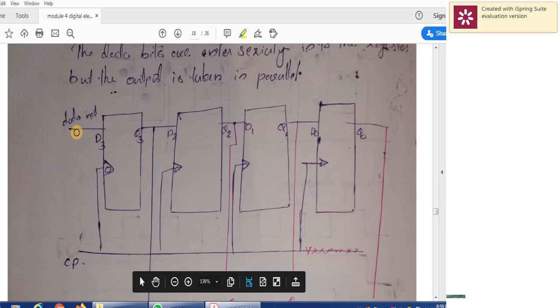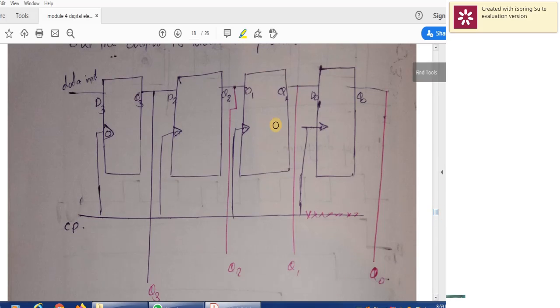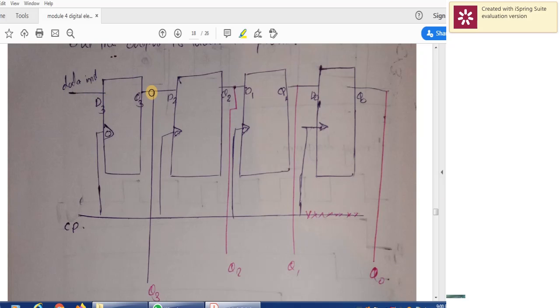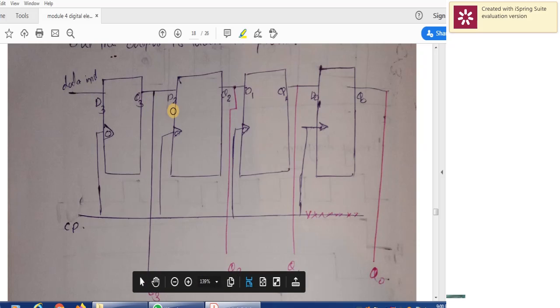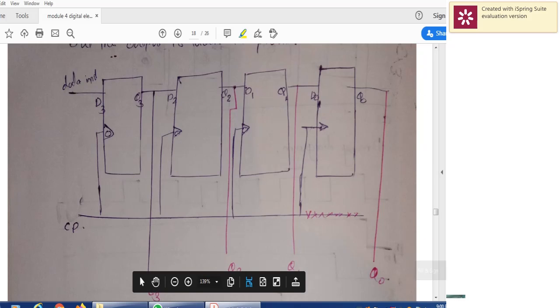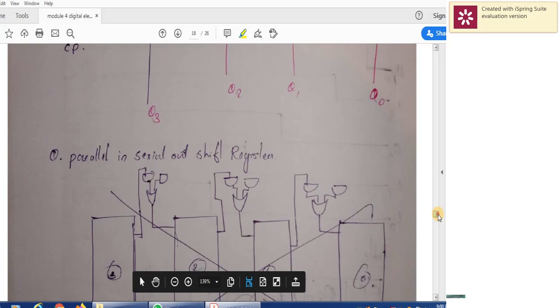The output is connected to the next input in the same way. But the difference here is that the outputs are taken parallelly. I am giving the input, so at the first clock pulse it will be transferred here, but at the same time I am taking the output. At the second clock pulse it will be transferred and then again. So I am giving the input serially, but taking the output parallelly. So it is called serial in and parallel out.